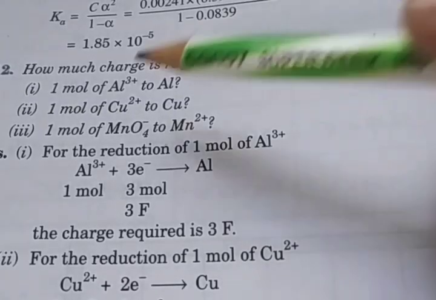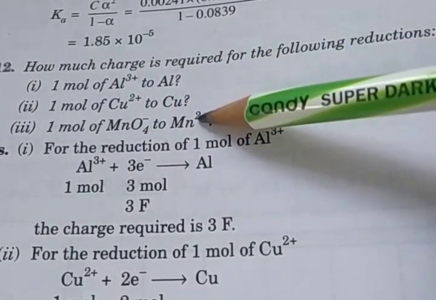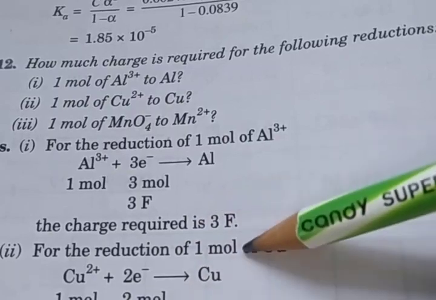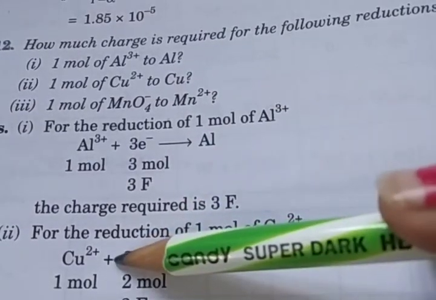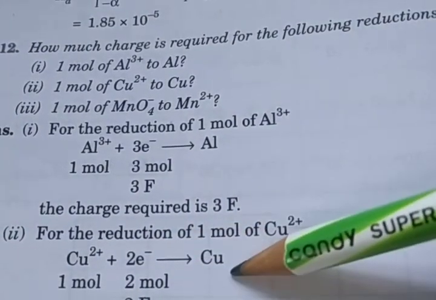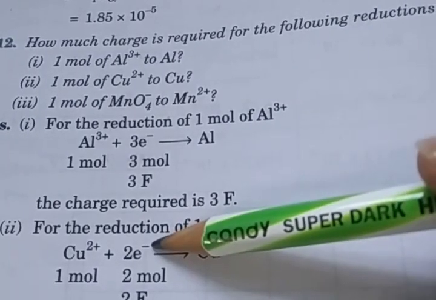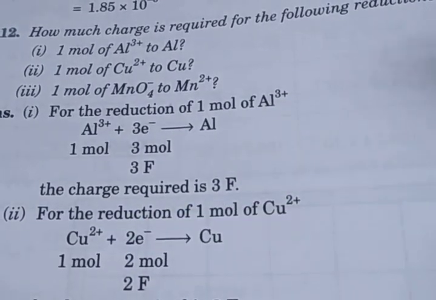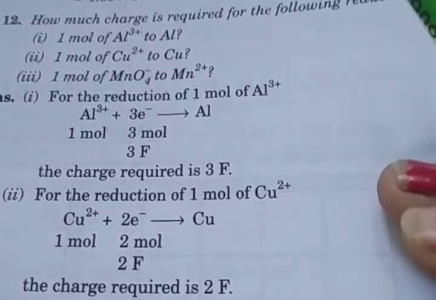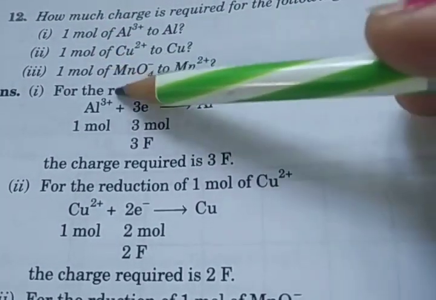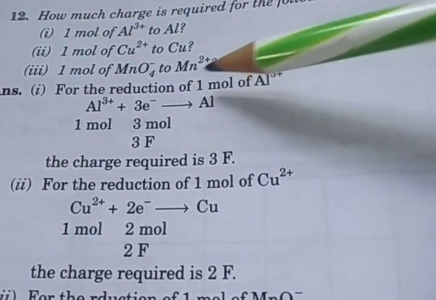Then second, 1 mole of Cu2+ to Cu. So for the reduction of 1 mole of Cu2+, Cu2+ gains 2 electrons and converts into copper. So 2 electrons, that means 2 mole, so 2 Faraday. Then third, 1 mole of MnO4- to Mn2+.